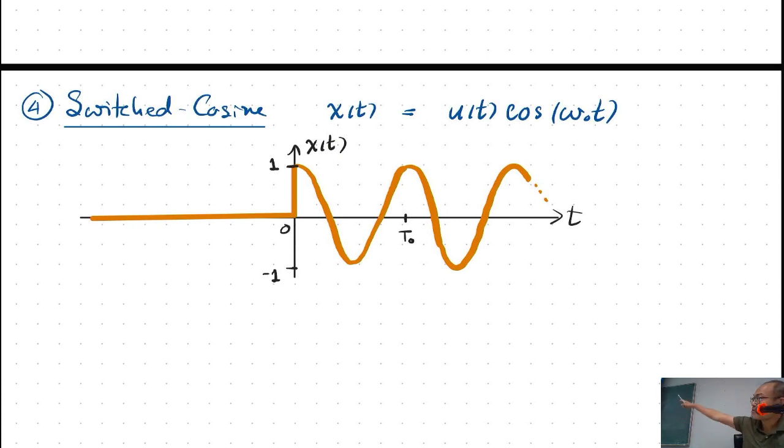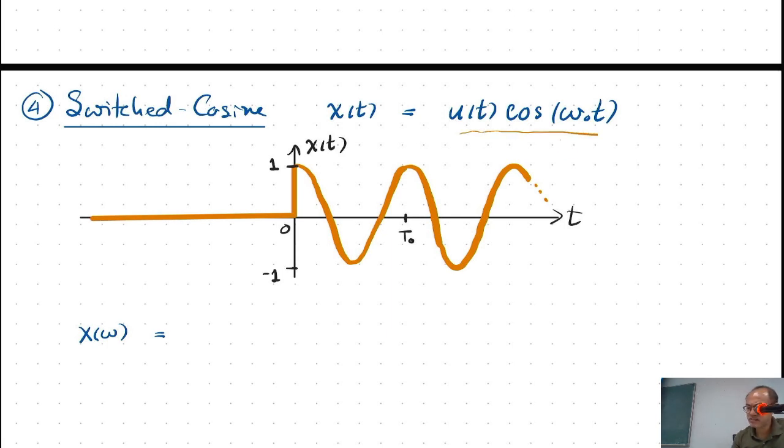Now we take the Fourier transform of both sides, right? On the left hand side, we get X of omega, and on the right hand side, it is a multiplication between u and cosine. So we can use the modulation property that I talked about in the previous example.